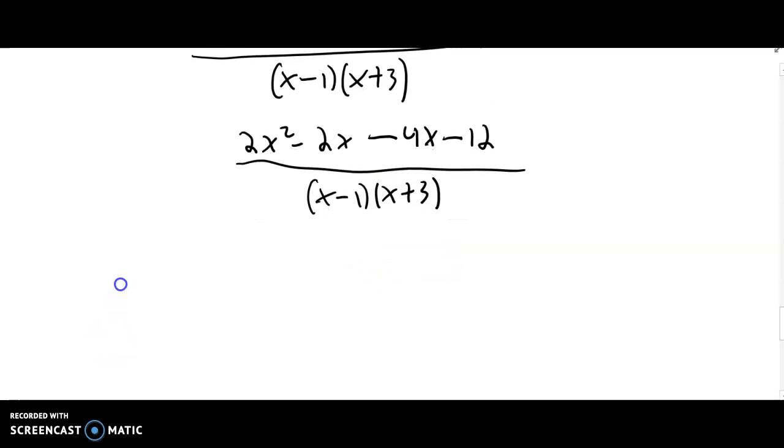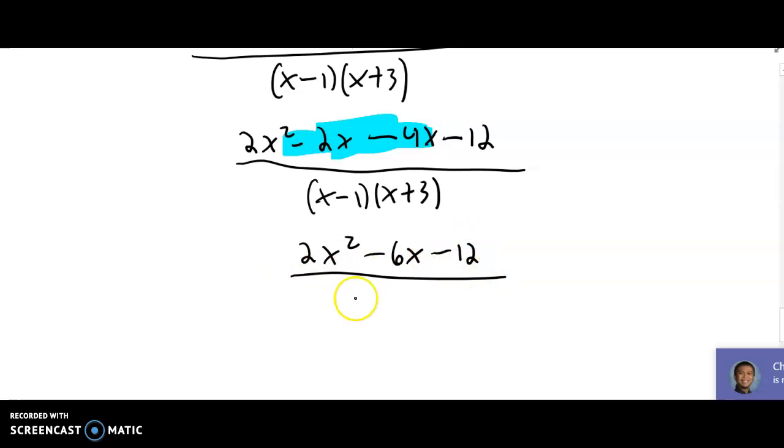Okay, we're going to combine like terms. These two here will combine, so I have 2x squared minus 6x minus 12 over x minus 1, x plus 3.